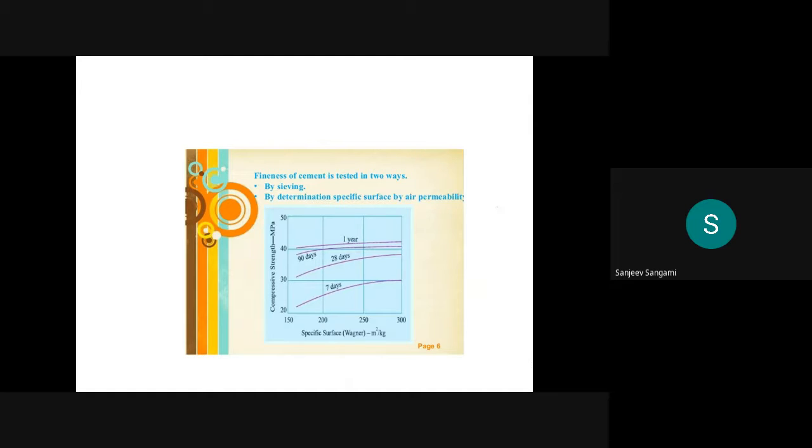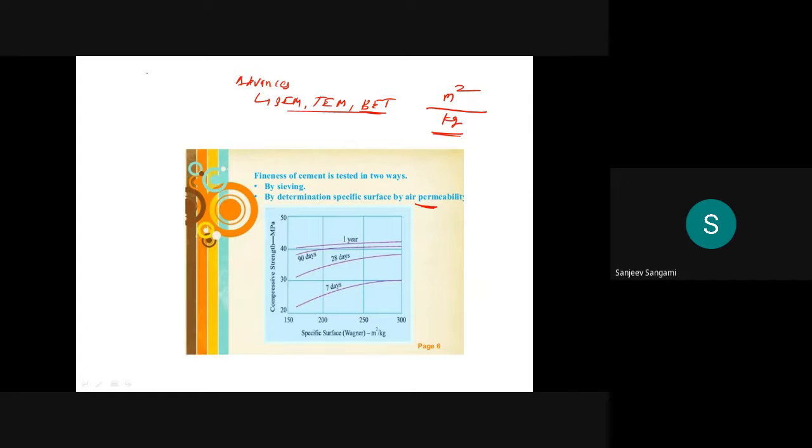Here the method is air permeability, but if you want to know exactly the property of the cement, you have to go with advanced instruments, that is SEM, TEM and BET methods. Okay. Normally the surface area is given in the unit of how many meter square of surface area per kg.